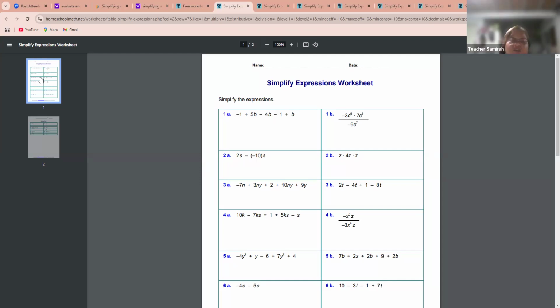Okay, try this. Negative 4c and negative 5c. By simply looking at it, what will be your answer? Negative 4c minus 5c. That is actually very easy.